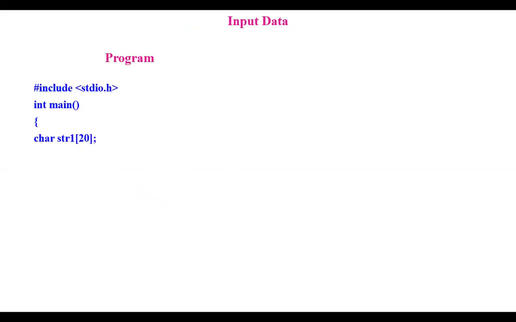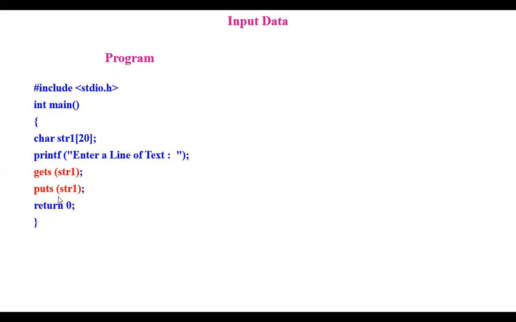Suppose I have declared a string str1 of 20, that means it can read a maximum of 20 characters and assign this to str1. Now, printf, enter a line of text. Earlier we entered only one character. You can write a sentence here, a line, and gets str1. So gets str1 reads the data and assigns it to str1.